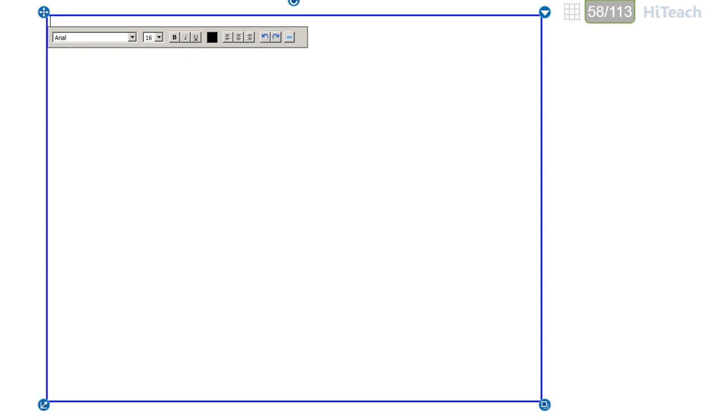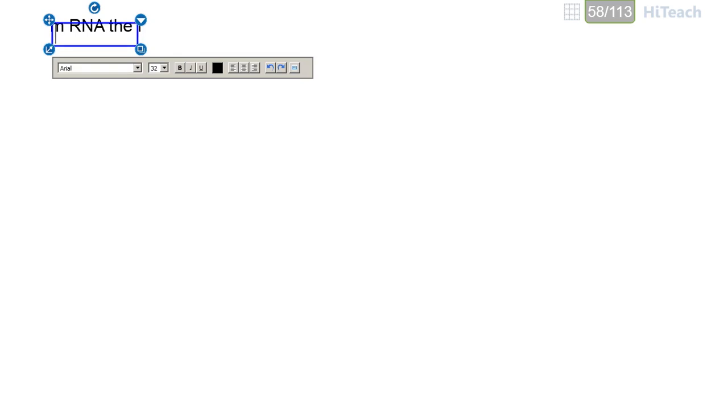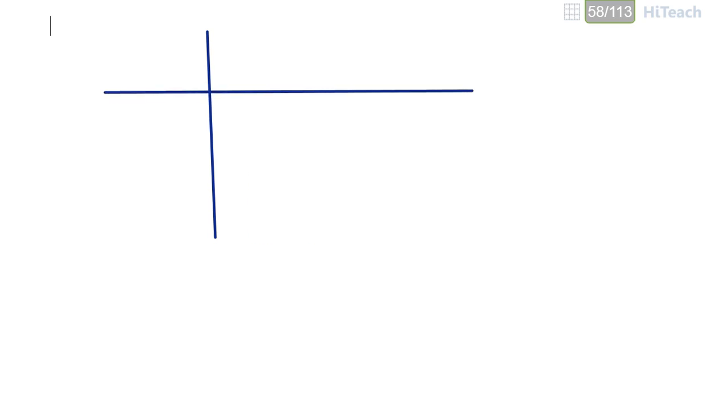Here let's talk about the function of each one of them. I'm going to write them here. Let's start with the first one, the mRNA, the function of it. I'll make it as a table, which is better. Okay, this is a table, what it is and the function of each one.